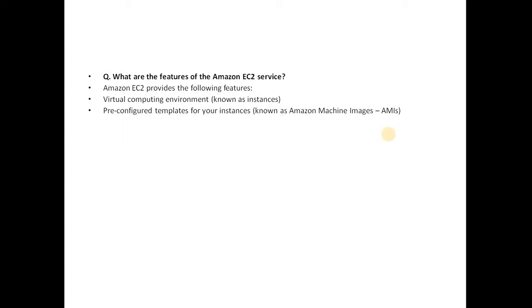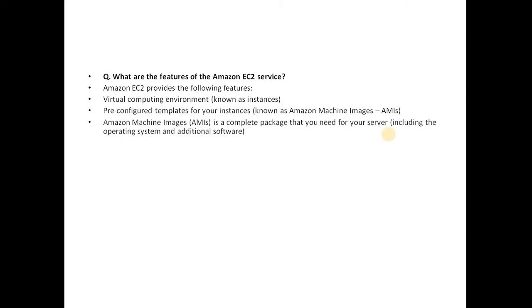Next one. What are the features of the Amazon EC2 service? 1. It has a virtual computing environment known as instances. Pre-configured templates for your instances known as Amazon Machine Images, that is AMIs.